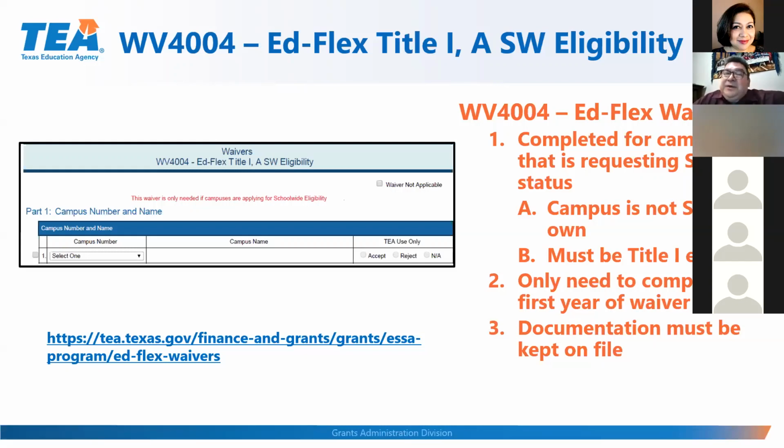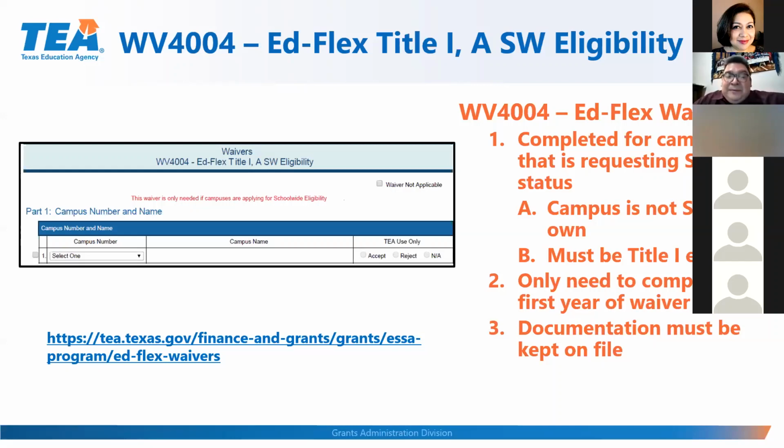And the last one is the LEA is a single attendance area, which means that they have 1,000 or fewer students enrolled, or they have served campuses with no grade span duplication. There aren't 2 campuses with the same grade level. That's the definition for a single attendance area. In a single attendance area, all campuses are Title I eligible.